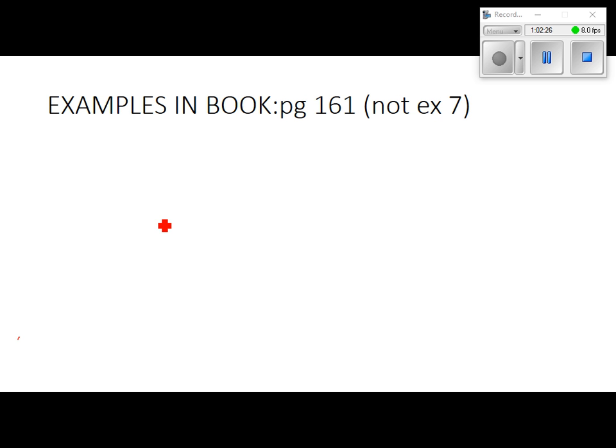Look at example 1. Use the statements to write a compound statement for each conjunction. Then find the truth value. And it says explain the reason. I'm not so much concerned about that. Part A says what? P and R. Now this is what you're going to have to do on some of these.